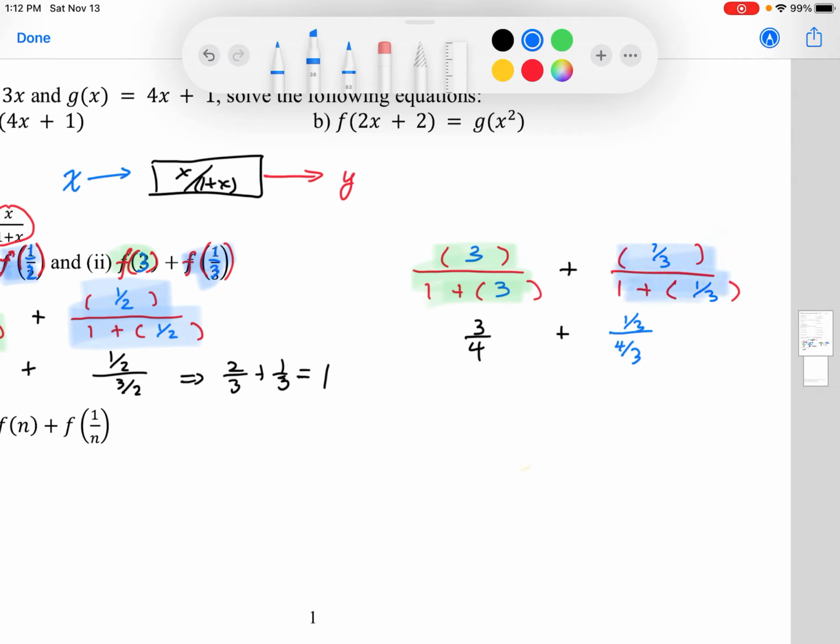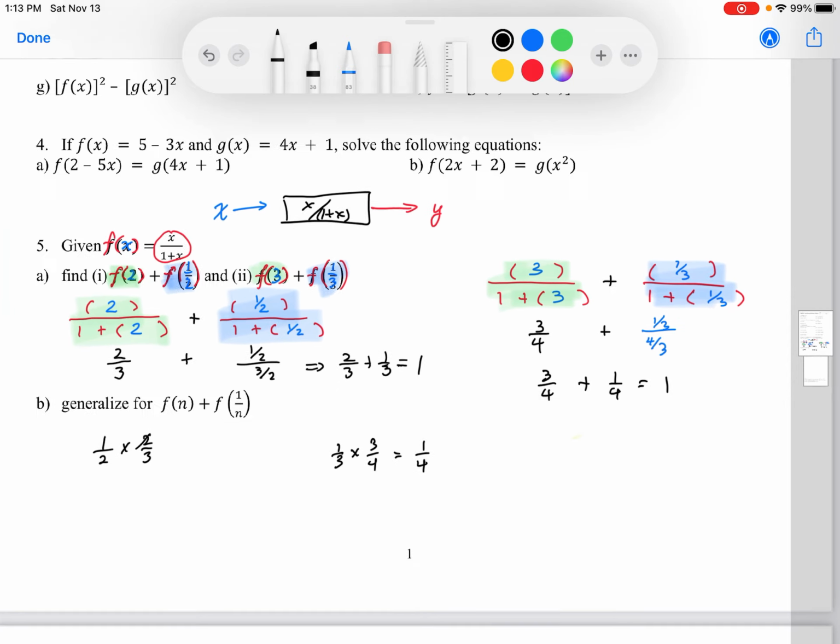That function is again f, the same red function, x over 1 plus x, and we replace the x's with 1/3 and we get this new expression. So this becomes 1/3 over 4/3, and over here I'm going to multiply by the reciprocal, and I end up with 1/4. So this becomes 3/4 plus 1/4, and that gives us a value of 1.